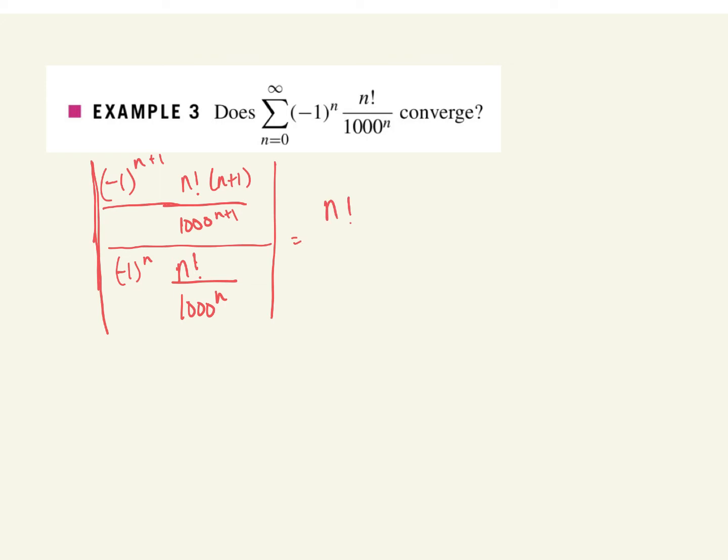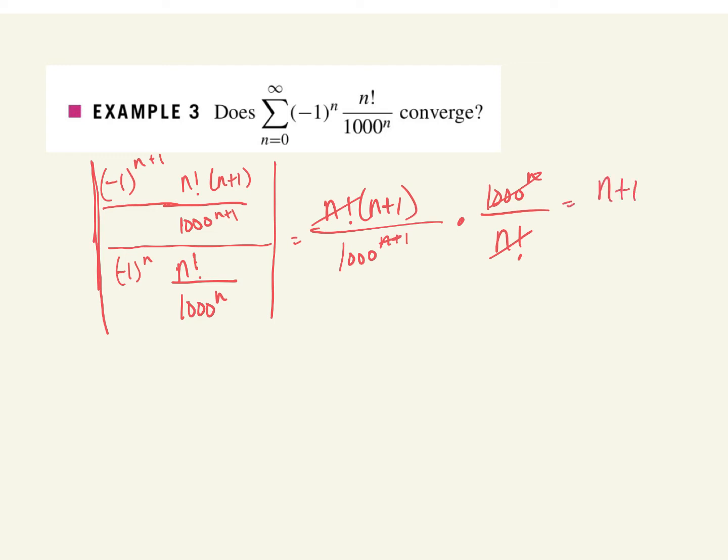So we have n factorial times n plus 1, over 1,000 to the n plus 1, times 1,000 to the n over n factorial. Now that the alternating part is gone, the absolute value is not necessary any longer. So my n factorials cancel. My 1,000 will remain in the denominator to the 1 power.